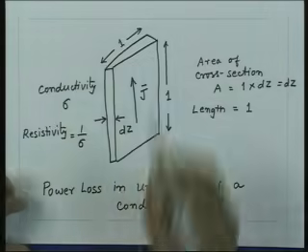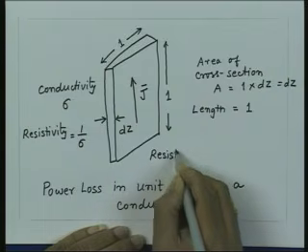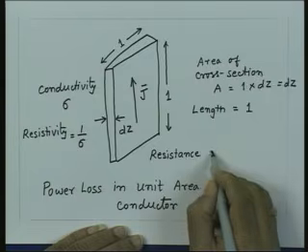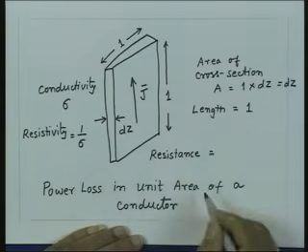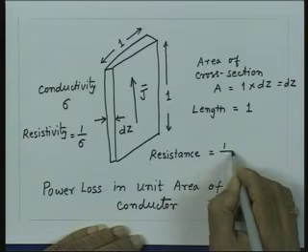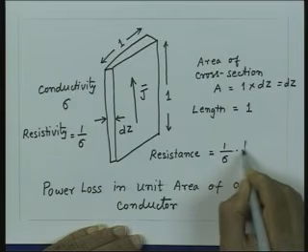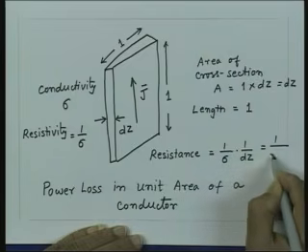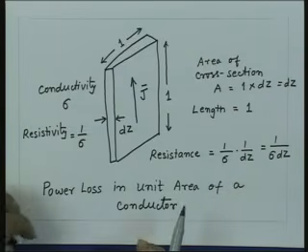So, the resistance of this slab is the resistivity multiplied by length divided by area of cross section. So it is 1 upon sigma into 1 upon dz, so 1 upon sigma dz.